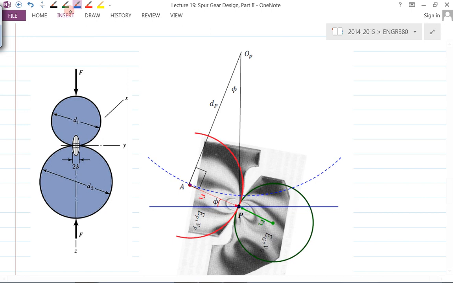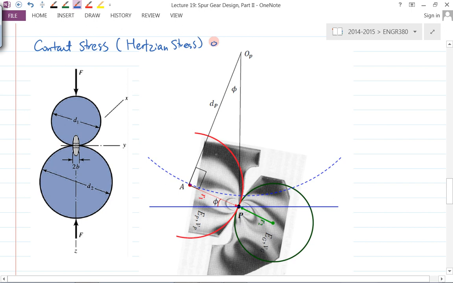So the title is basically contact stress. More precisely, we're going to call it the Hertzian stress on the gear tooth.